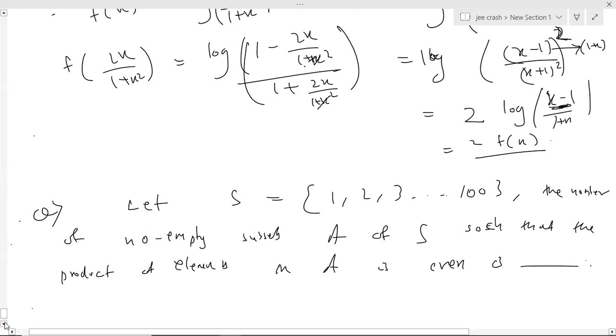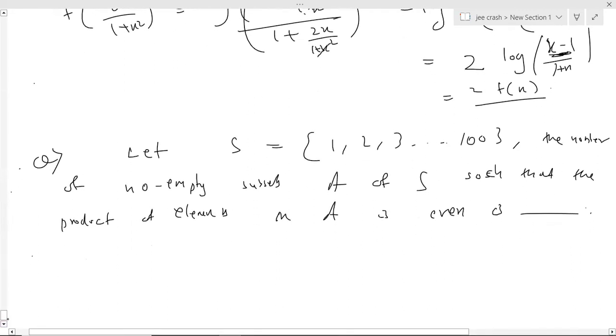Let me solve this. How to solve? Does everyone understand the question? Sir, 1 minute. Okay.